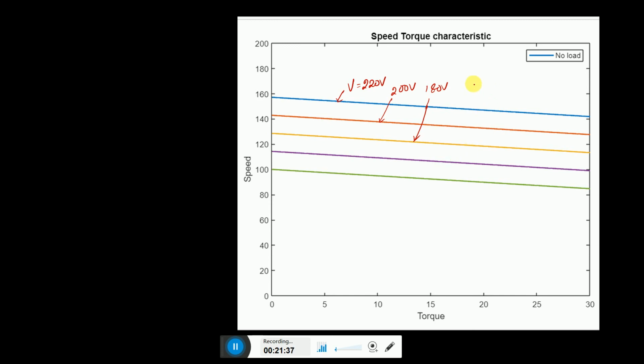So with a load torque, this is how the speed varies when you decrease the voltage. In y equal to minus mx plus c, you are decreasing the value of c here, not the slope m.